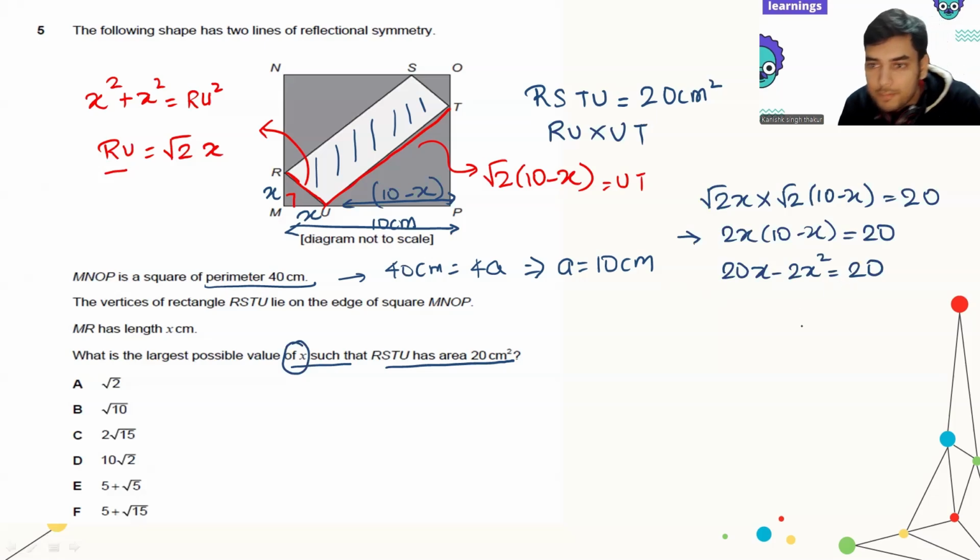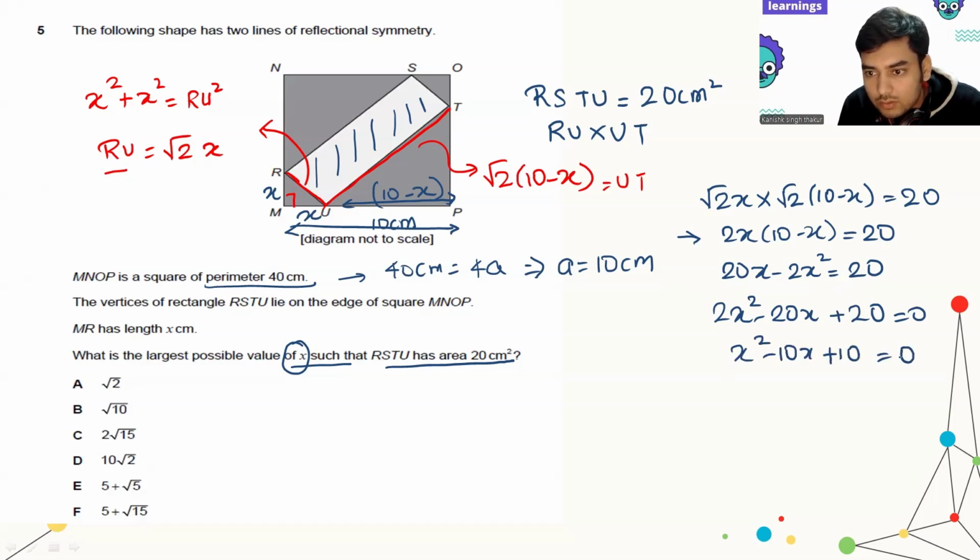So the equation I will have is 2x squared minus 20x plus 20 equals 0. Or I can write it as x squared minus 10x plus 10 equals 0. This is the equation so that the area is 20. So the largest possible value of x would be one of the roots of this equation.